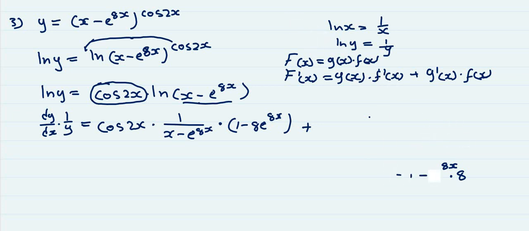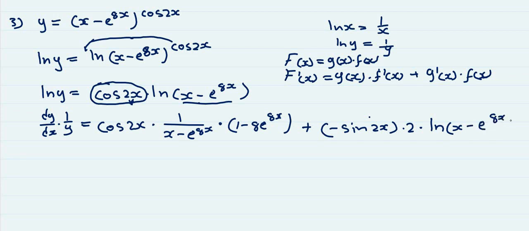We differentiate cos, which gives minus sin of 2x multiplied by the derivative of the angle, the derivative of 2x, which is 2. Then write ln of x minus e to the exponent 8x.